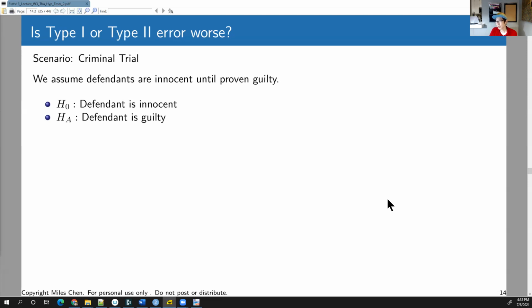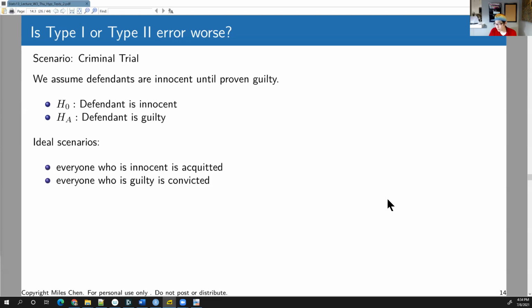And if the prosecution does not have enough evidence, then the correct decision will be to let the defendant go free. We do not want to be convicting innocent people. So ideally, every time there's a trial, anybody who is innocent will be acquitted, will be let go, and anyone who is actually guilty will be convicted. That's what we want, okay?